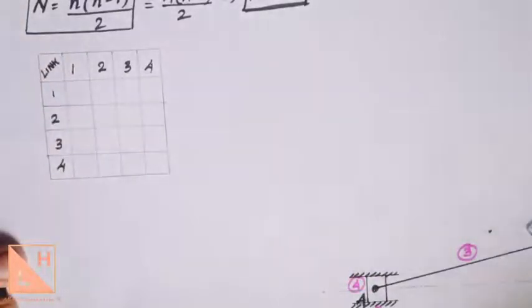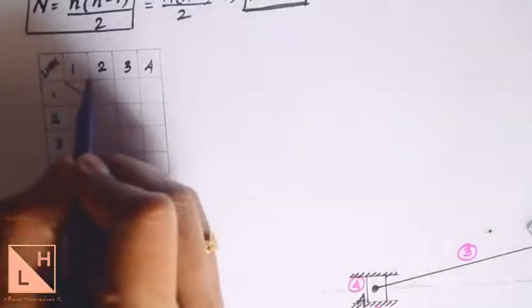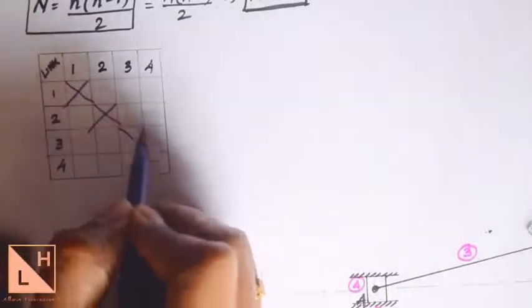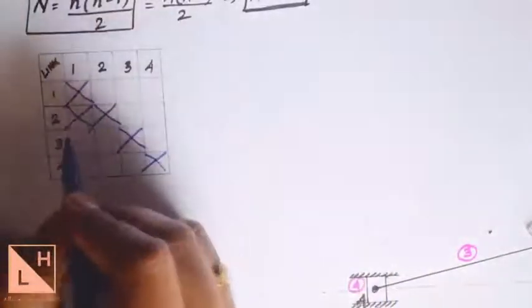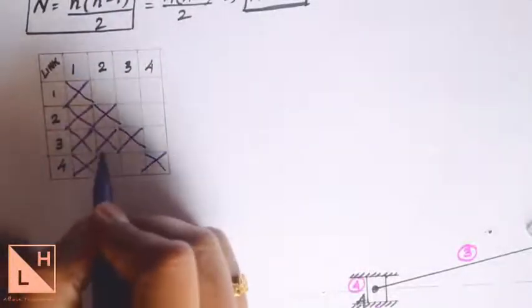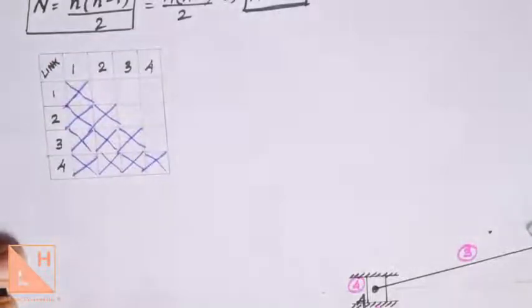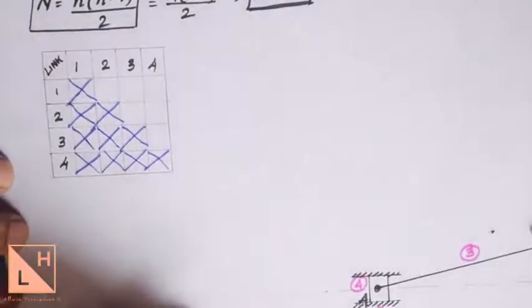So for this particular number of links, what you do now is just cross the diagonals, and below the diagonal or above the diagonal you can choose anything. So let us choose below the diagonal and you cross those boxes as well. Whatever the remaining boxes we have, that will give us the names of the instantaneous centers that we need to find out for this particular mechanism.